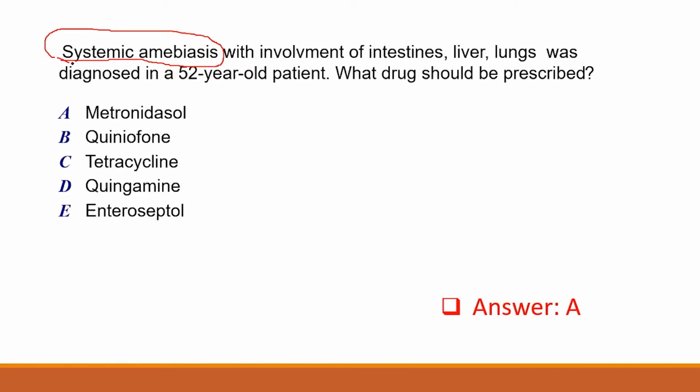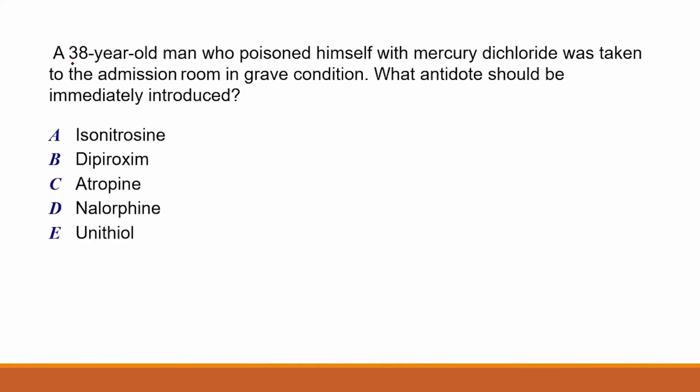Always apply. All right. We have a 38-year-old man who poisoned himself with mercury dichloride, and he's in grave condition. What antidote are we looking for? So this is a metal intoxication, a mercury intoxication.